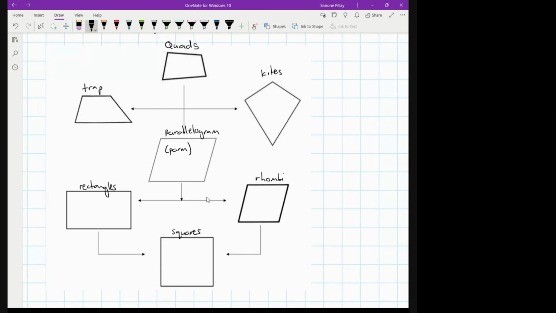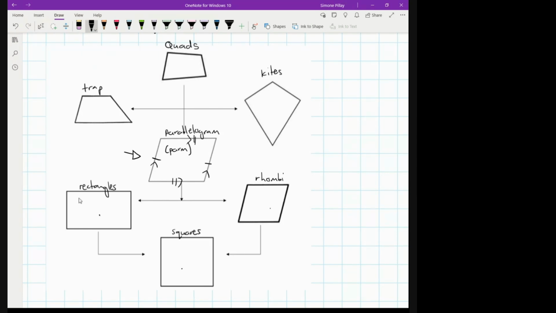Now, what does this mean? It means that all rectangles, all squares, and all rhombi can be a parallelogram, because all the shapes at the bottom here have the properties of a parallelogram: opposite sides are equal, opposite sides are parallel, and the diagonals bisect each other. They all have those same properties.